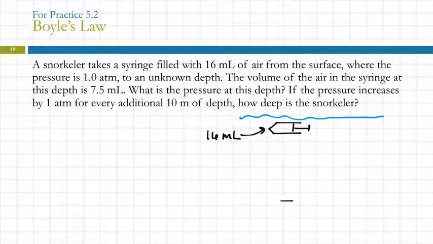And then the diver takes it down here. The pressure increases, and when you put pressure on a gas, it's going to decrease in volume. And so the plunger is going to move down. You're not pushing on it or anything. It's just going to move down because the water is pushing on it. So down here, the volume of the air is 7.5 milliliters.